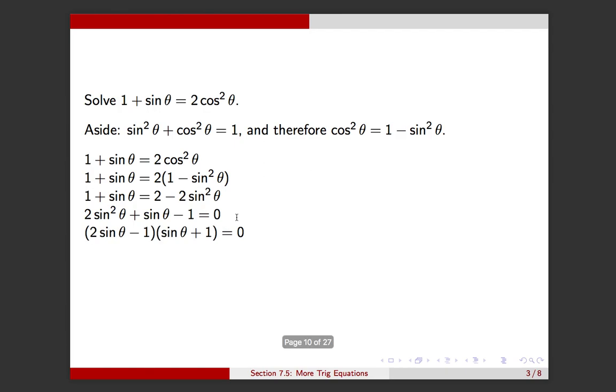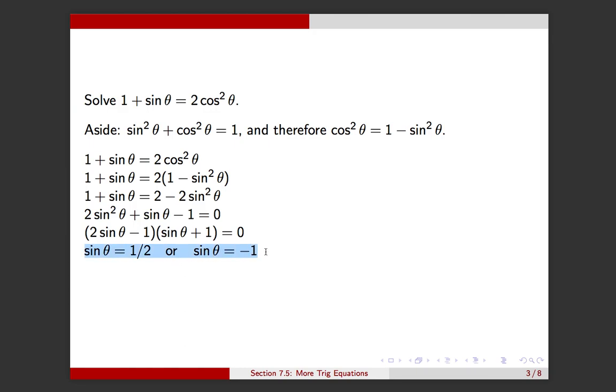So in this case, things factor nicely, like they did in section 7.4. So I have 2 sine theta minus 1 as one term and sine theta plus 1 as the other term. And so I can just set each of those individual factors equal to 0, and I learn that sine of theta has to be either a half or sine of theta has to be negative 1.